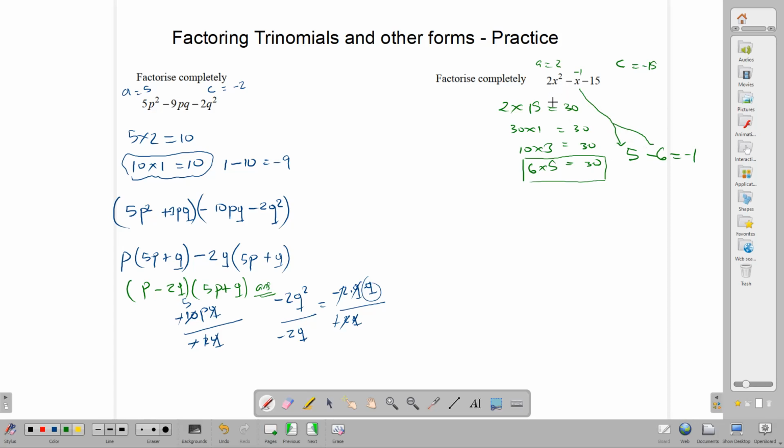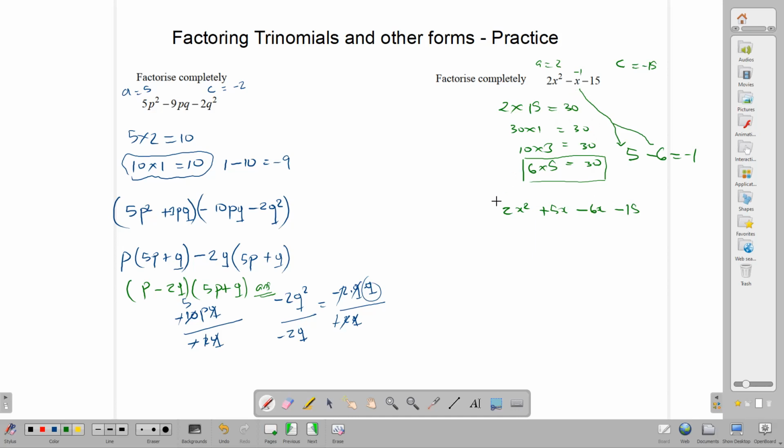So we rewrite our expression as 2x squared plus 5x minus 6x minus 15. And that 5x minus 6x will give us our negative 1x.